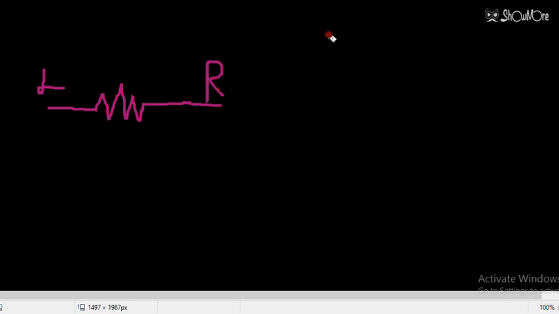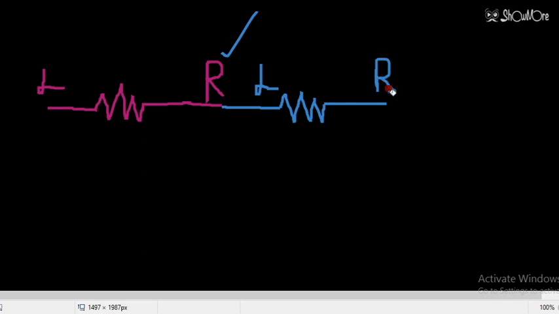Students, if I connect the right end of one resistance to the left end of another resistance, then we call it a series combination. You can see here, this is the left end of another resistance, and the right end of one resistance is connected to the left end of another resistance.